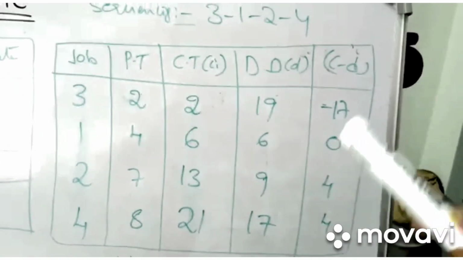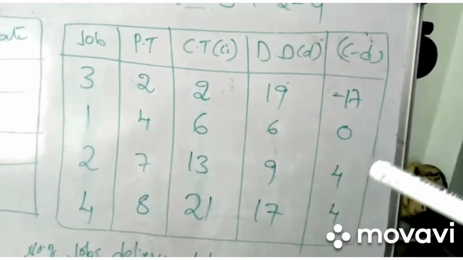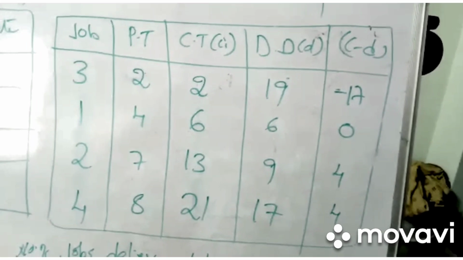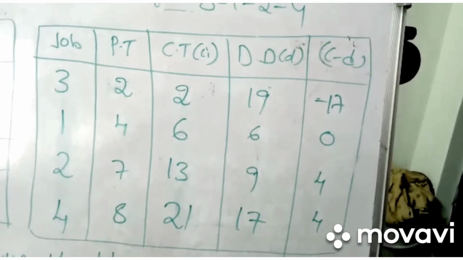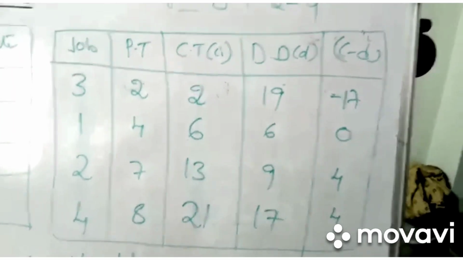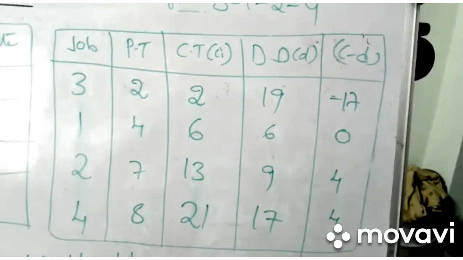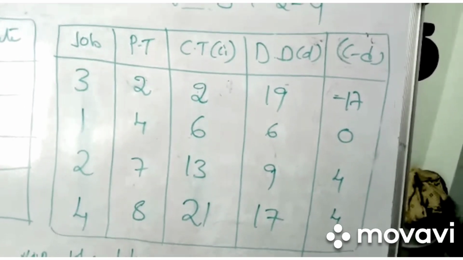Now calculate. In this case they ask for the tardiness. Tardiness is the positive value and lateness is the negative value. By applying the SPT rule, here it is asked to calculate the tardiness.